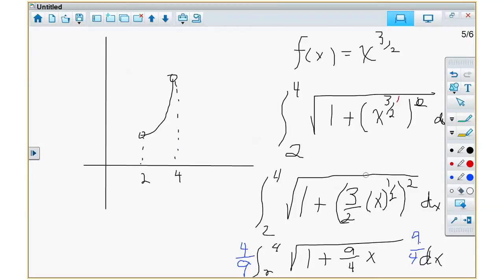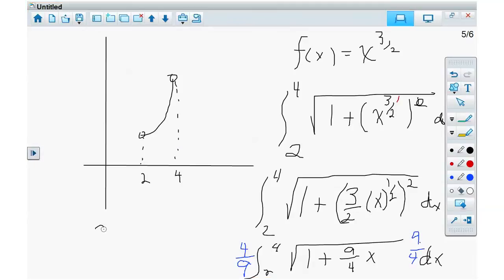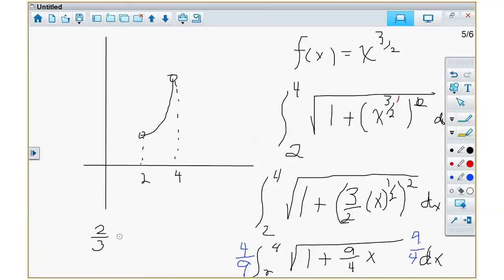So the antiderivative of u to the 1/2 is u to the 3/2 over 3/2, which is 2/3 u to the 3/2. Okay, and we've got the 4/9 out front. And that's evaluated, and we're not going to evaluate it yet because I'm going to stick the 1 plus 9/4 x back in.